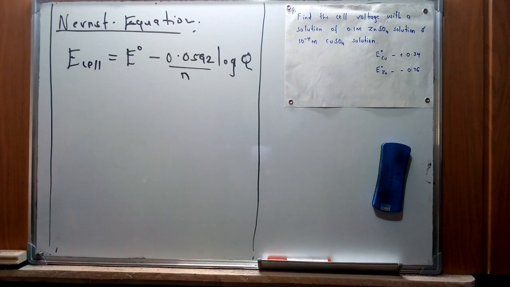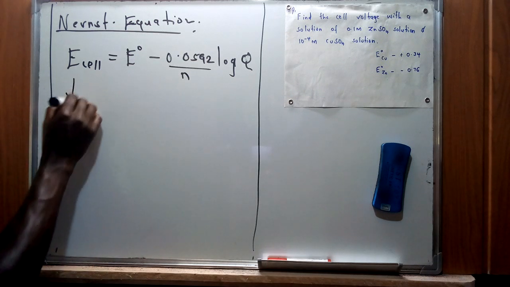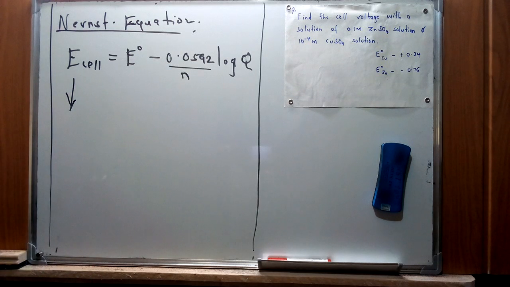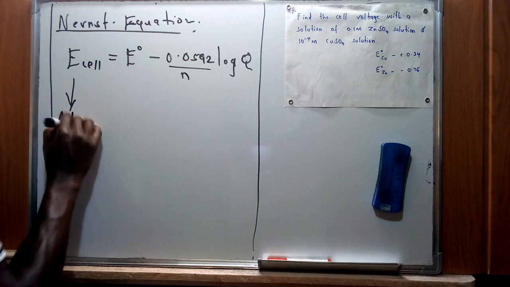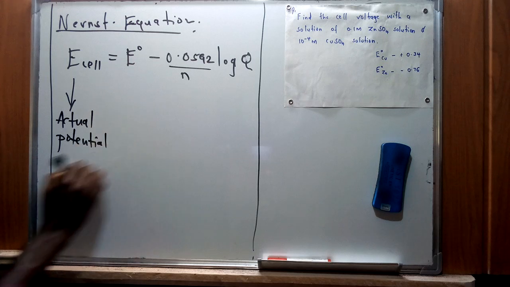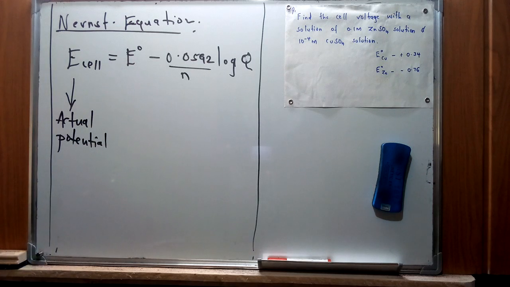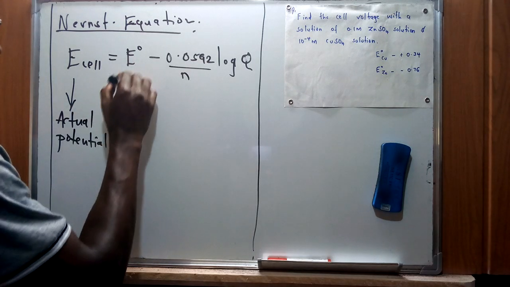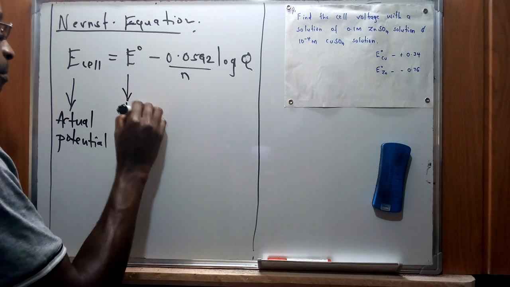The E cell in this equation refers to the actual potential of the electrochemical cell setup, and then we have the standard potential.